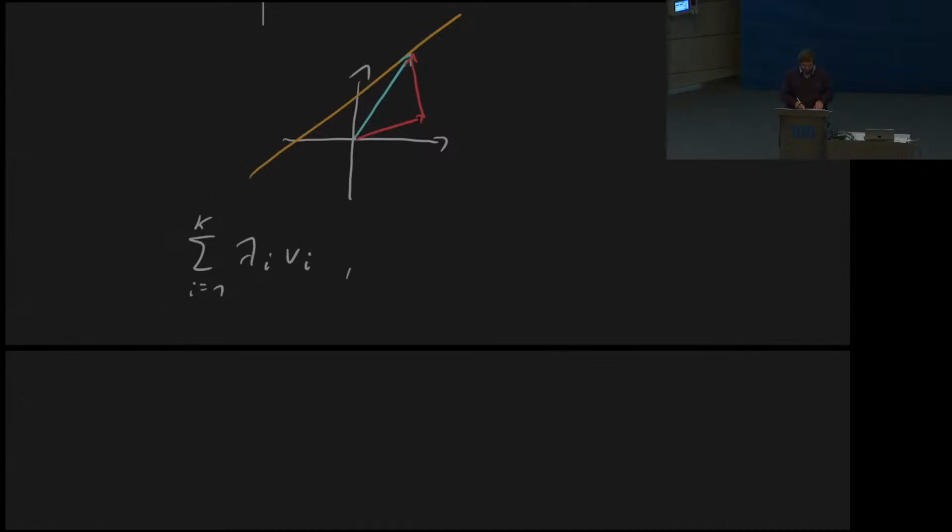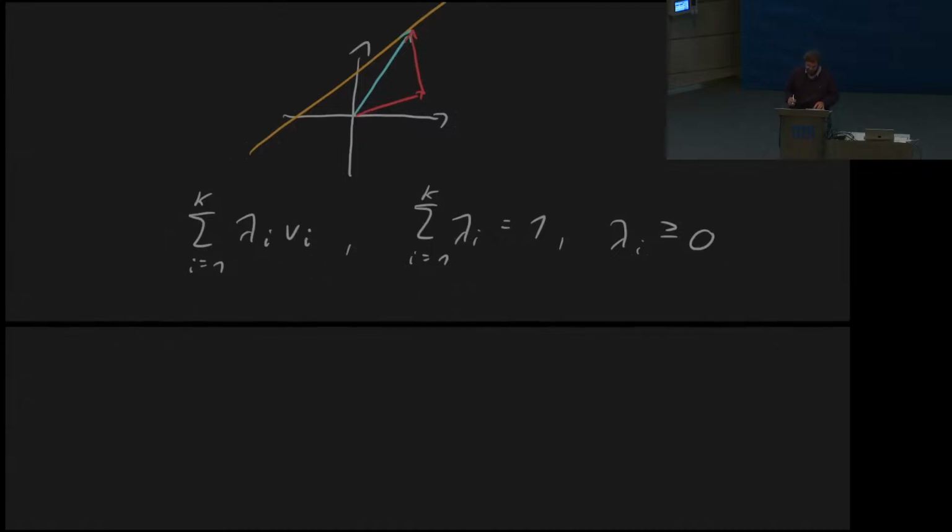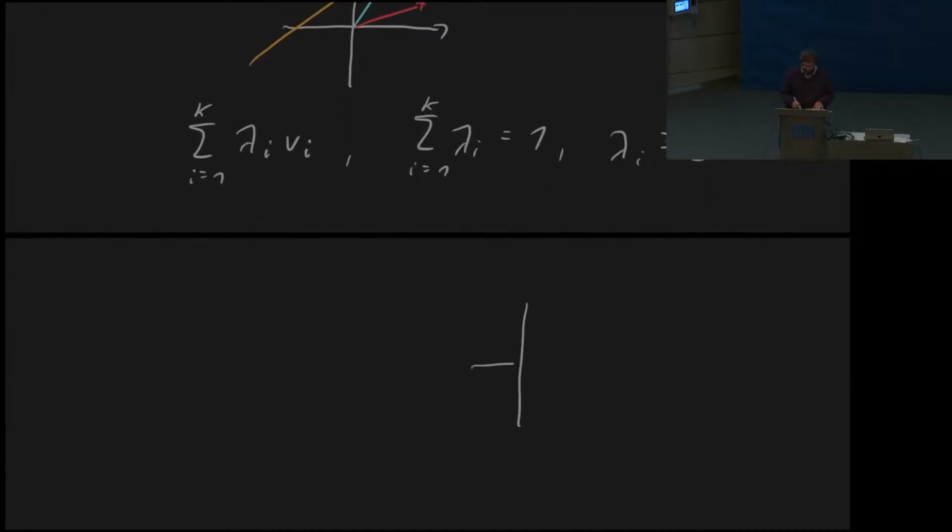And now for a convex combination, there are two restrictions. The first one is, again, the sum of the lambdas equals 1. So that's an affine combination. And the second is that all the lambda i are non-negative. What that means geometrically is, if you have those two points again, this and that one, here are the vectors that can be used.